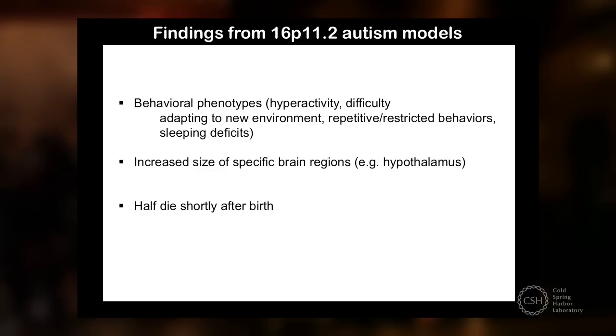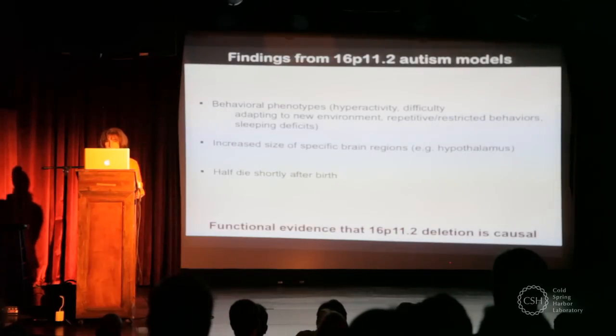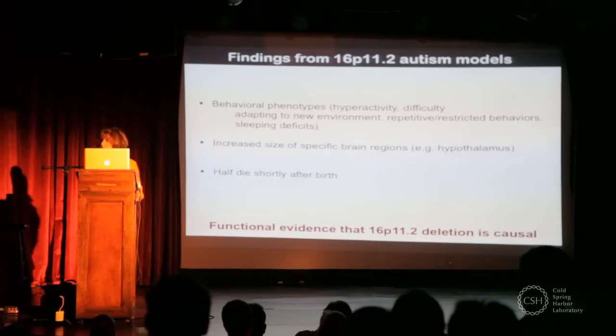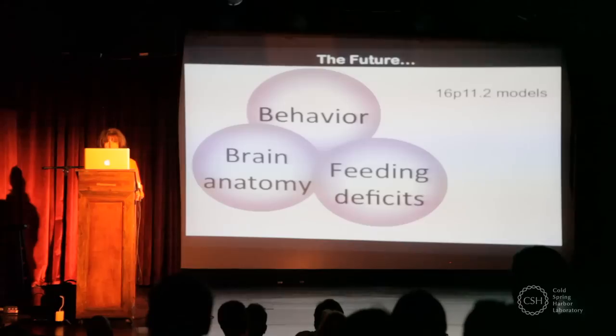Interestingly, we think the hypothalamus is increased in volume. And importantly, and perhaps relevant to the human condition, about half of these die after birth. This provides us with functional evidence that the 16p11.2 deletion is causal in these types of phenotypes in the mice.